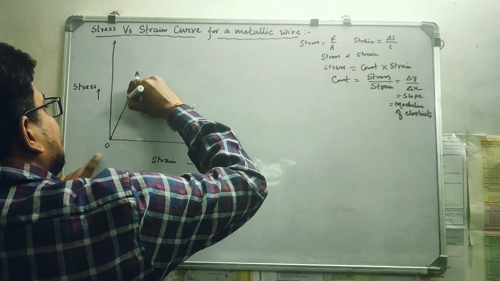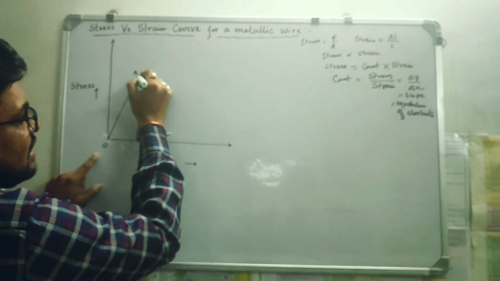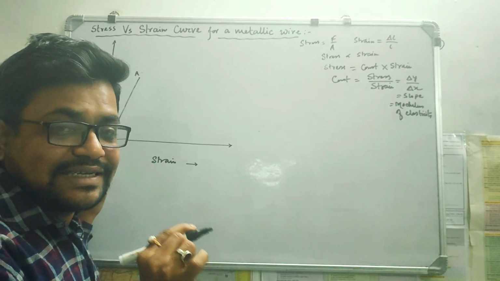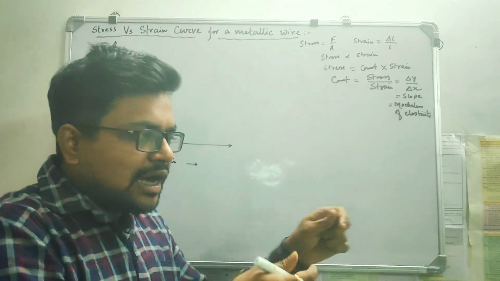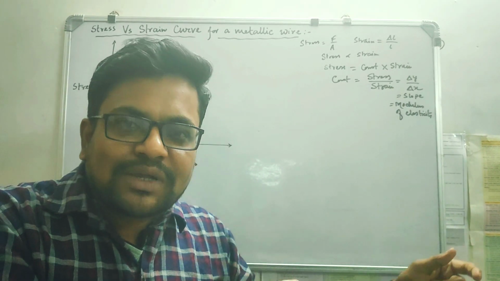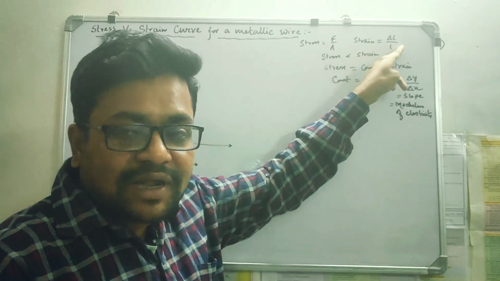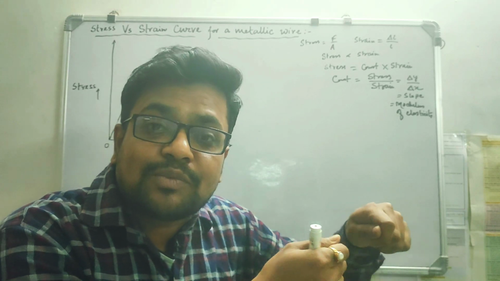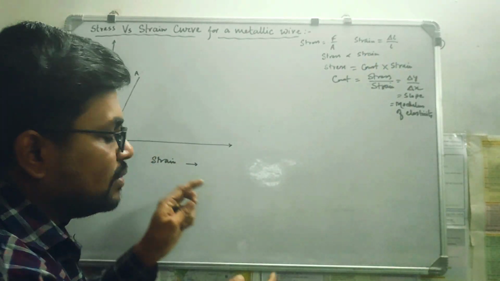Up to this point A, stress and strain are proportional. As the stress increases, meaning I am applying force on the wire, the strain also increases; there is a change of length. Due to the application of force, the change of length happens, and this is directly proportional.